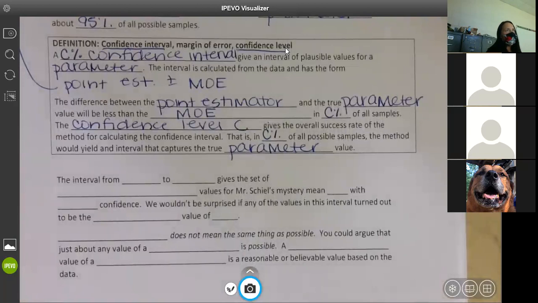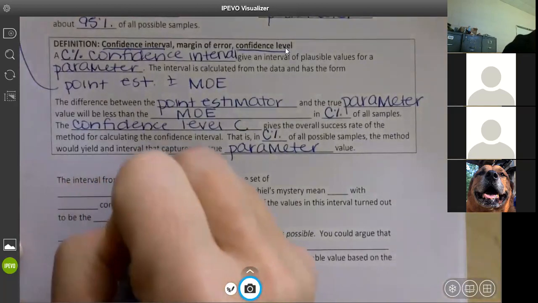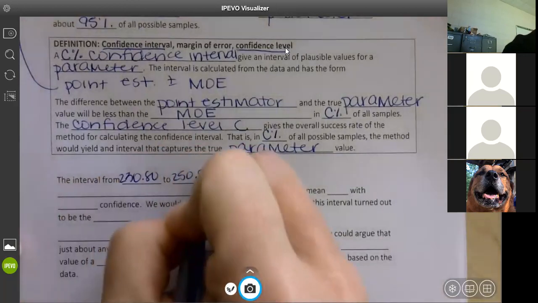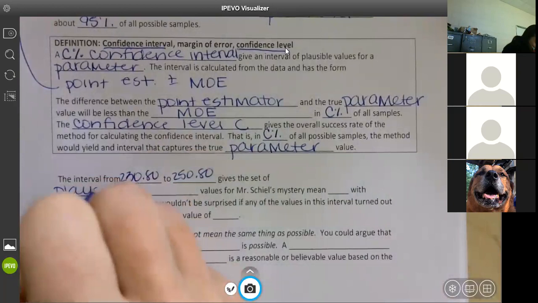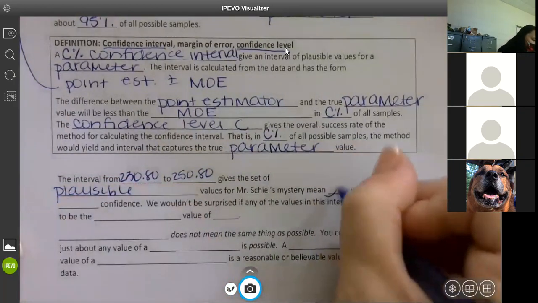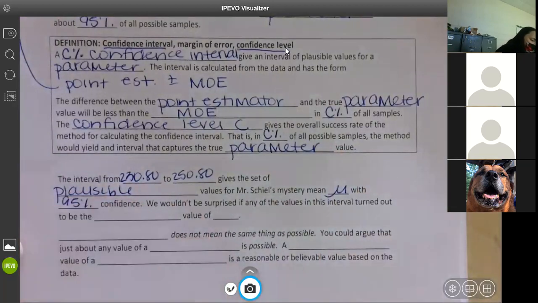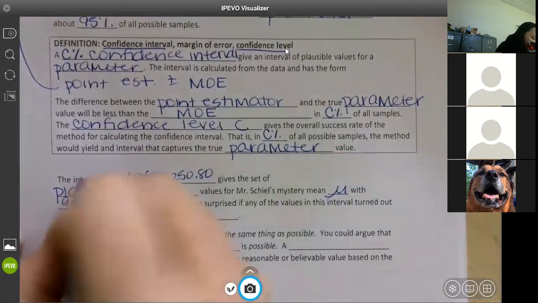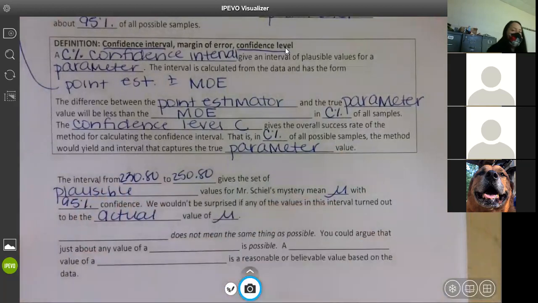So still working with that same example, the interval that we just got, the 230.80 to 250.80, gives a set of plausible values for Mr. Shields' mystery mean mu with 95% confidence. We wouldn't be surprised if any of the values in this interval turned out to be the actual value of mu.